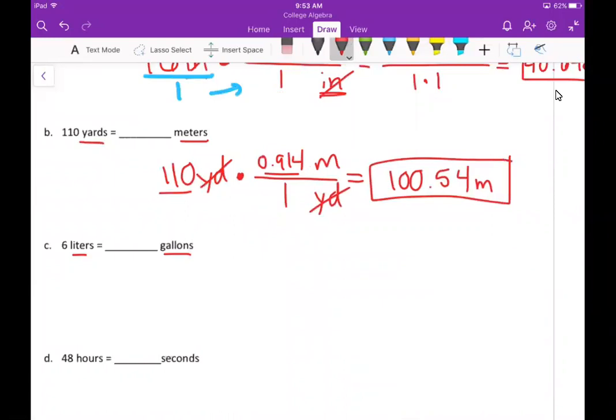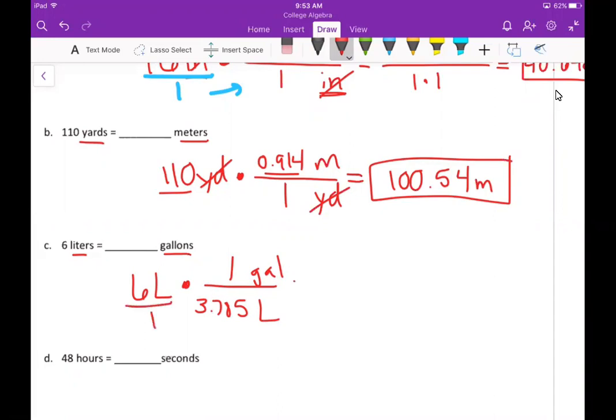Here we've got 6 liters, and I want to go from liters into gallons, and I was using the fact that there were 3.785 liters in 1 gallon. Okay. Now what happened here is that my number ended up in my denominator rather than in my numerator. That's totally fine.